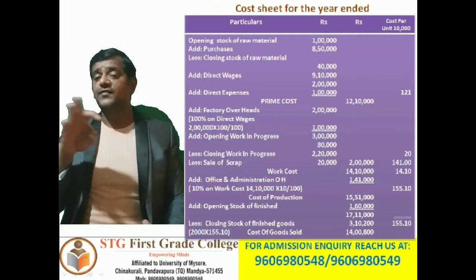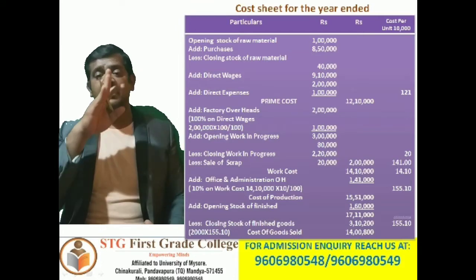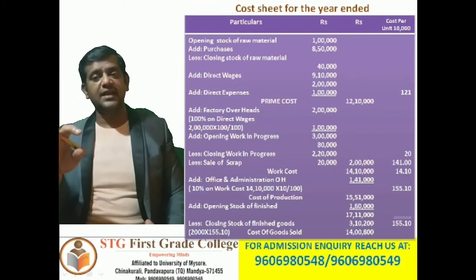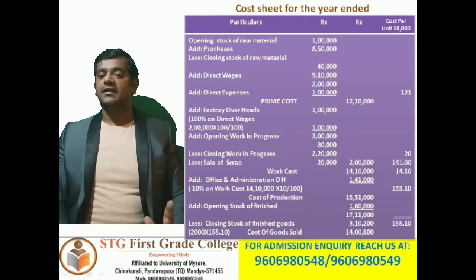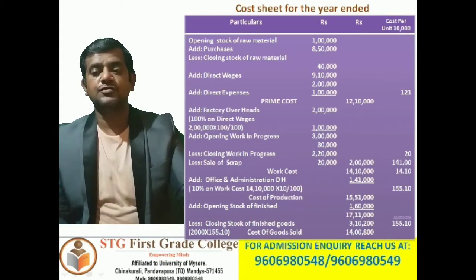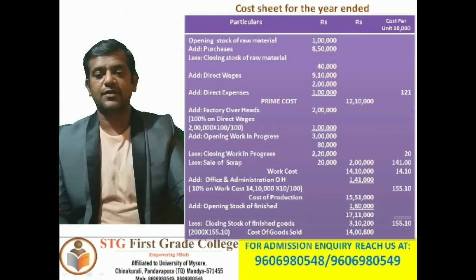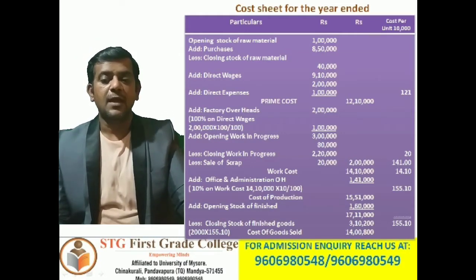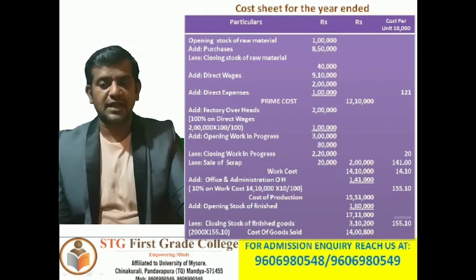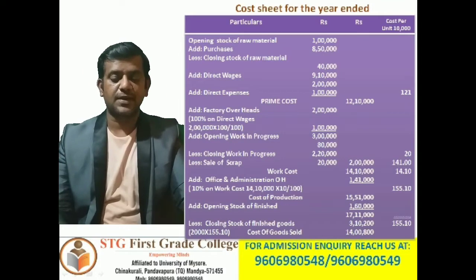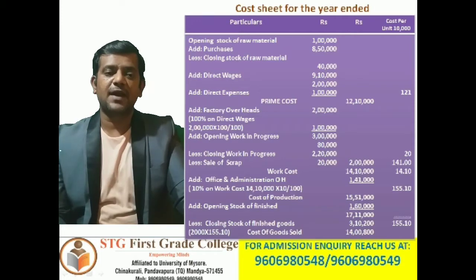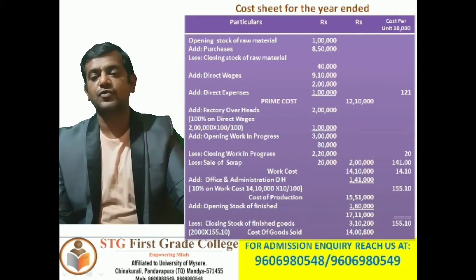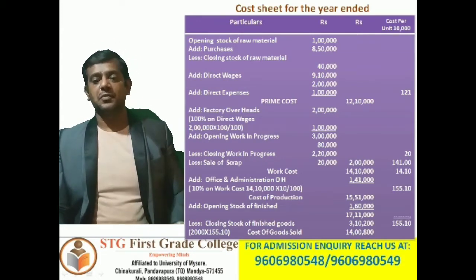Now convert this. I forgot to tell you that prime cost 12,10,000 divided by 10,000, the number of units produced, comes to 121 rupees per unit. Clear?